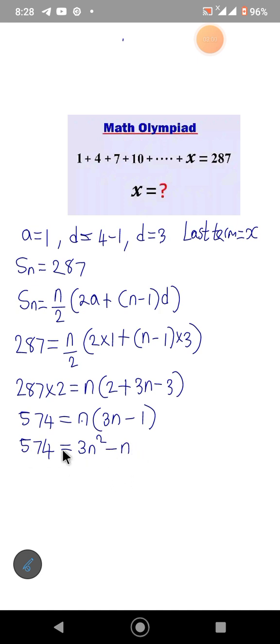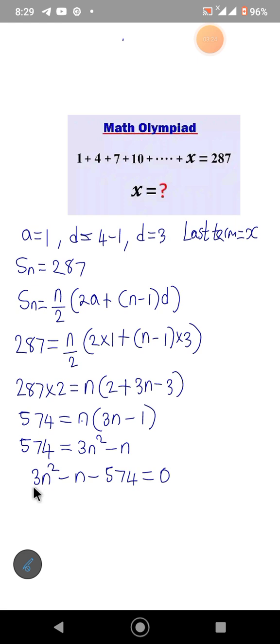Then this is a quadratic equation, so I will arrange it again. So we'll say 3n squared minus n minus 574 will be equal to 0.